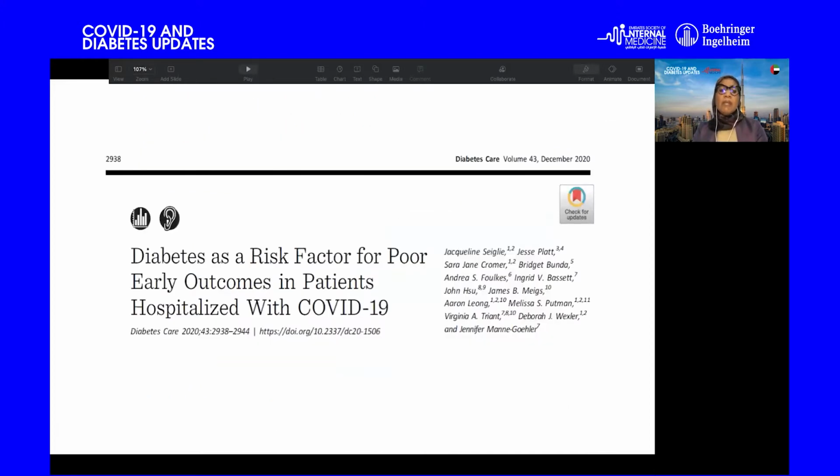And then in Diabetes Care, following on, they also published this article that reiterated that diabetes is a risk factor for poor early outcomes in patients that are hospitalized with COVID-19.